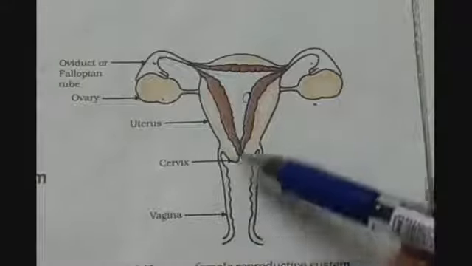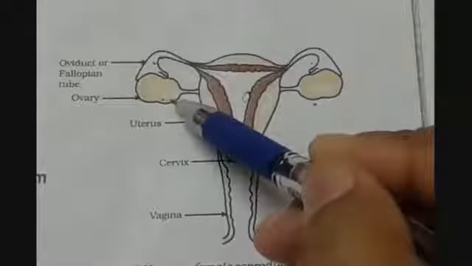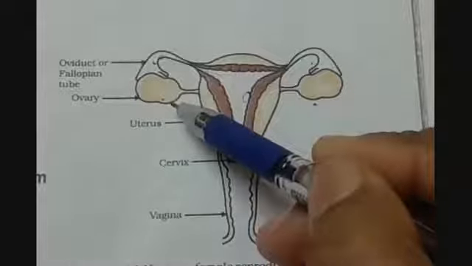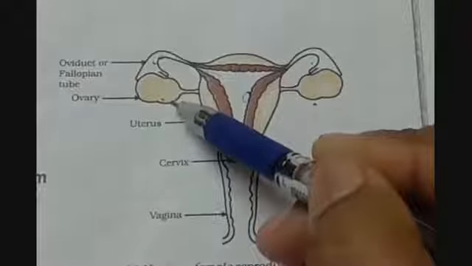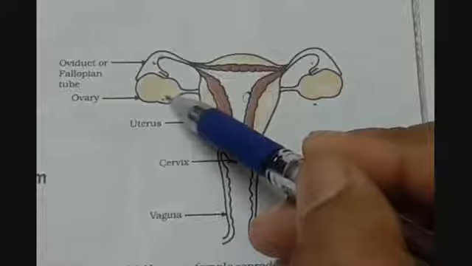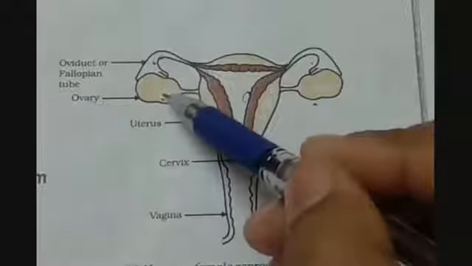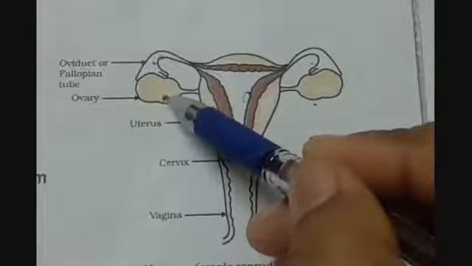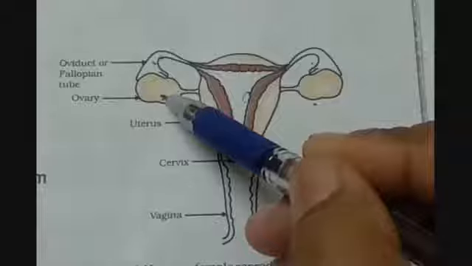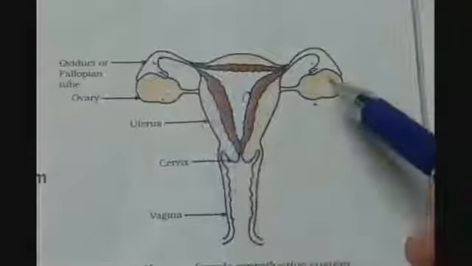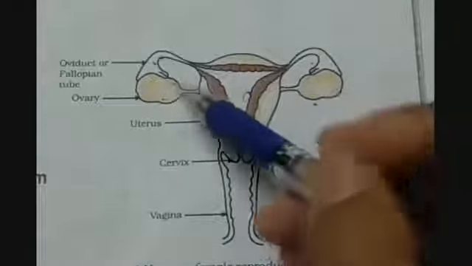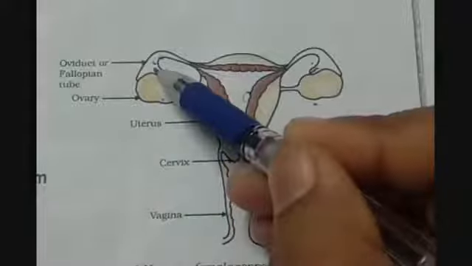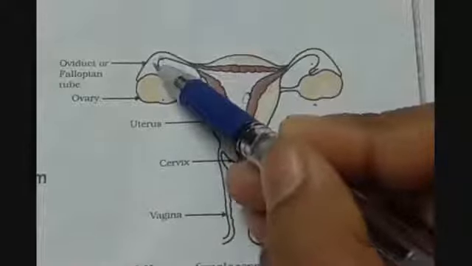Now we know that ovaries contain a number of immature eggs from birth, but after puberty the eggs start maturing, one in a month. So either of the 2 ovaries will release one matured egg into the fallopian tubes.